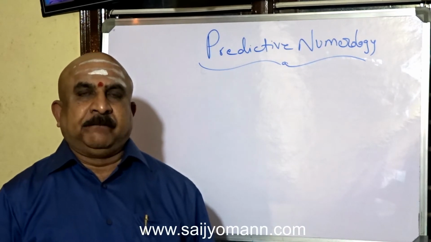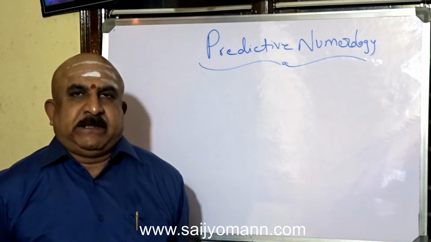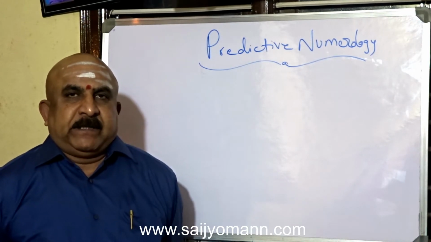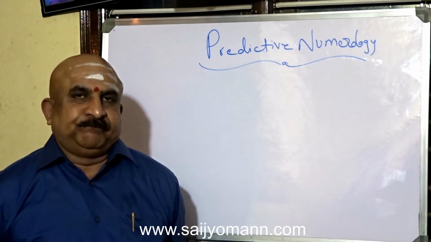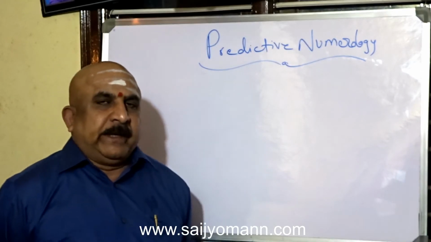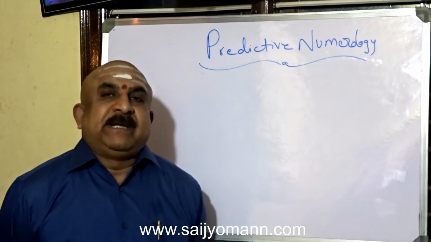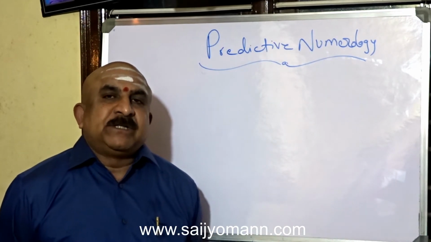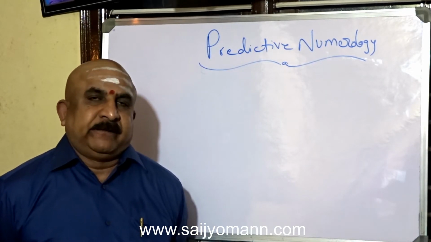I was dealing with Predictive Numerology, the significations of numbers in Predictive Numerology, in my last video. Today we will take up naming of children, how it has to be done for a child to get an obstacle-free life.